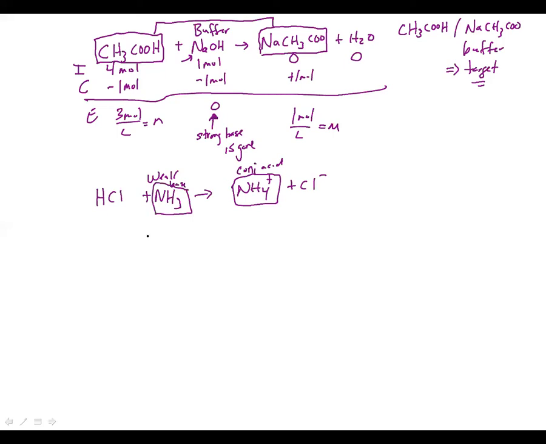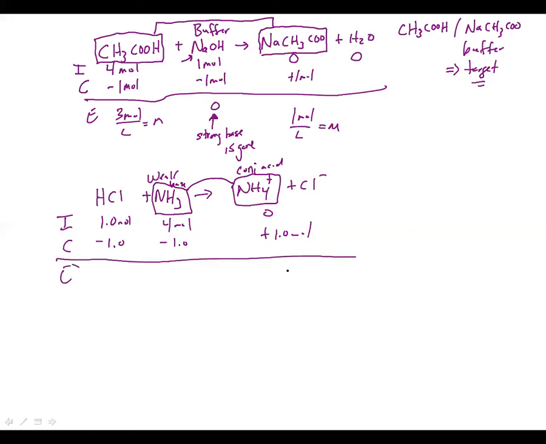If we did kind of the same thing, if we started, say, with 1 mole of this, 4 moles of this, 0 of this, the change here would be minus 1 mole, minus 1 mole, plus 1 mole, which means at equilibrium 0, 3 moles, and 1 mole left over of this.